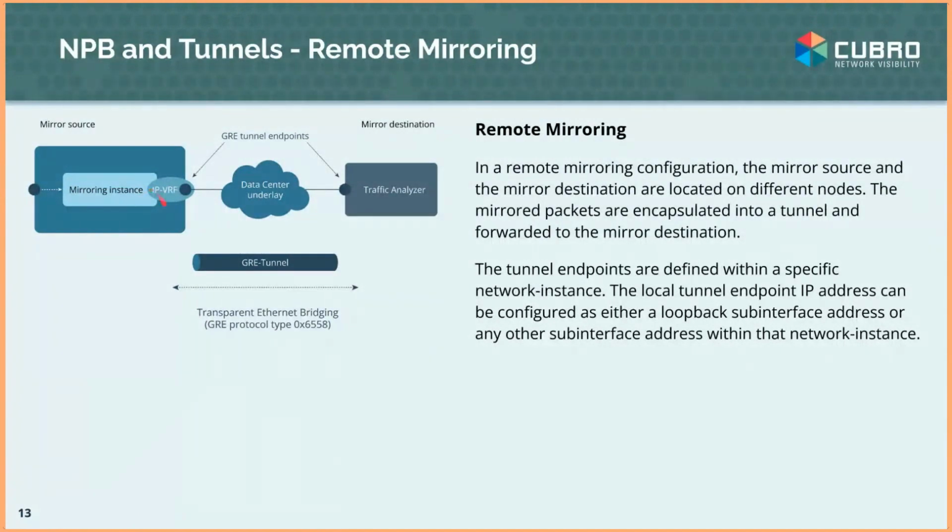So what you have to do is set up a mirror instance, mirror out, and send it to your traffic analyzer. So you, for example, build a tunnel from the mirror instance, from the virtual routing, to your traffic analyzer, just to use your data center underlay network. And then you need a GRE tunnel. This is very popular, and we are very often confronted with it. There are some difficulties involved that we will touch on in a second.